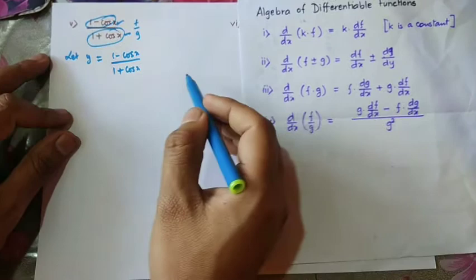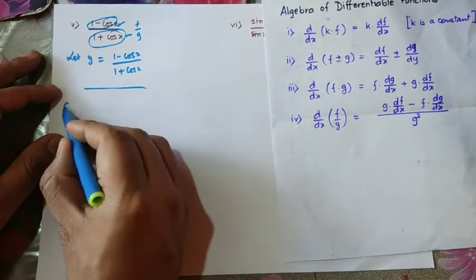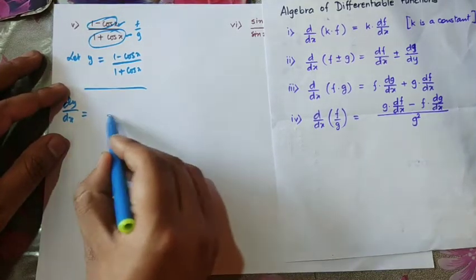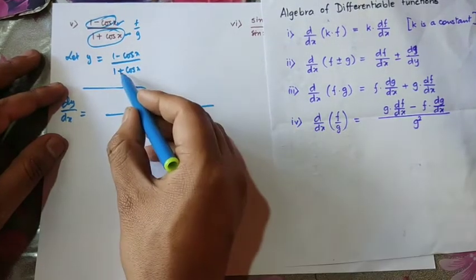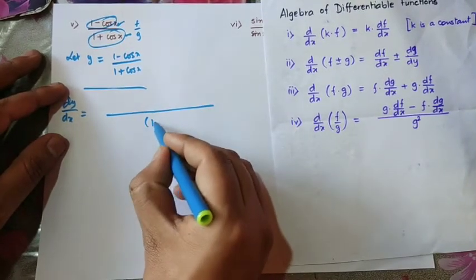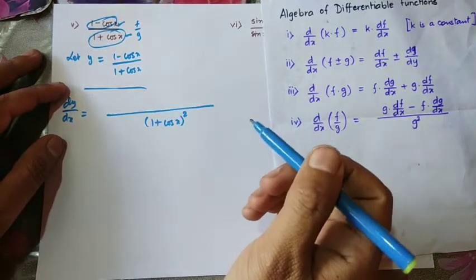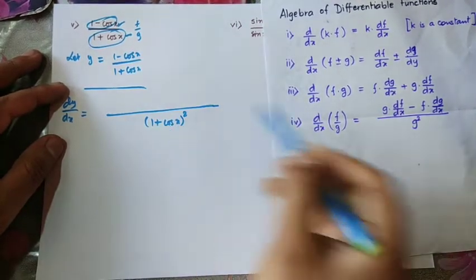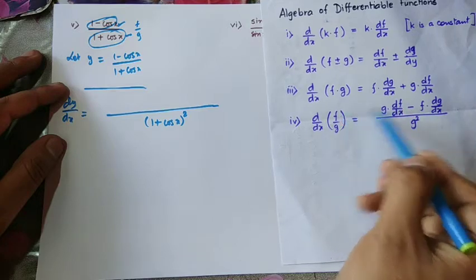Now again, as usual, we will write differentiating both sides with respect to x. After differentiating, dy by dx is equal to, now we have the denominator squared. So in the denominator we have 1 plus cos x whole squared. Whichever is squared has to be kept constant, and we will differentiate the numerator.